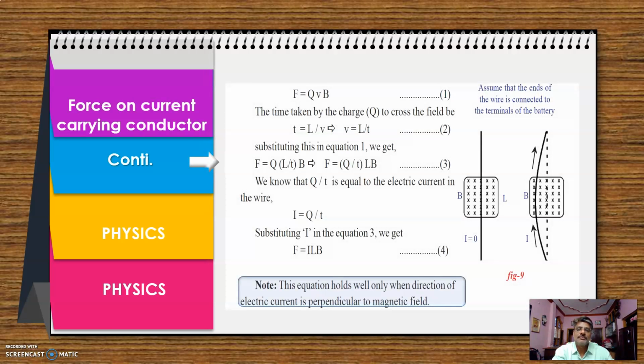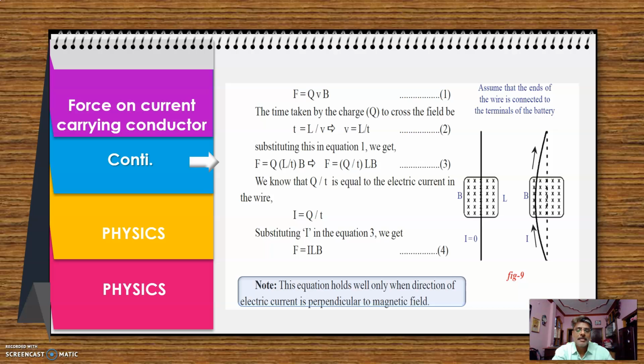Then the time taken for the particle to move is simply the distance traveled by speed, so t is L by v, that is, v is equal to L by t. Now if you substitute v is equal to L by t, we get F is equal to Q into L by t into B, and now taking Q by t as I, you will get F is equal to ILB.